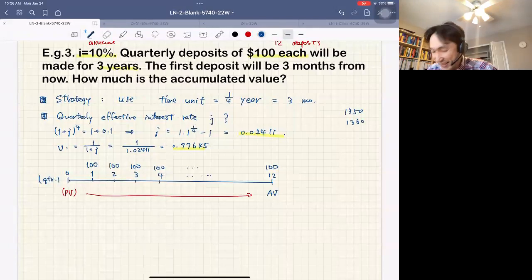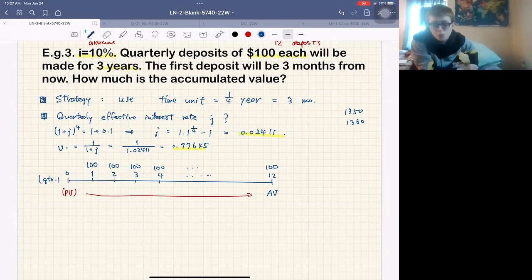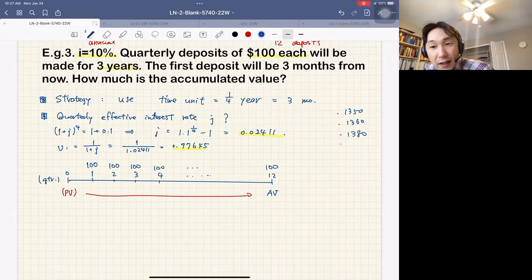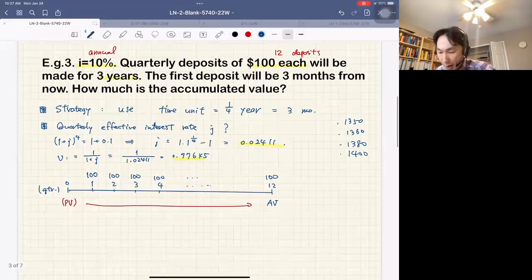Okay, your answer should be at least $10 different from this. So you can say 1,340 or 1,370, 1,400. Any others? 1,380. Another one? 1,400.